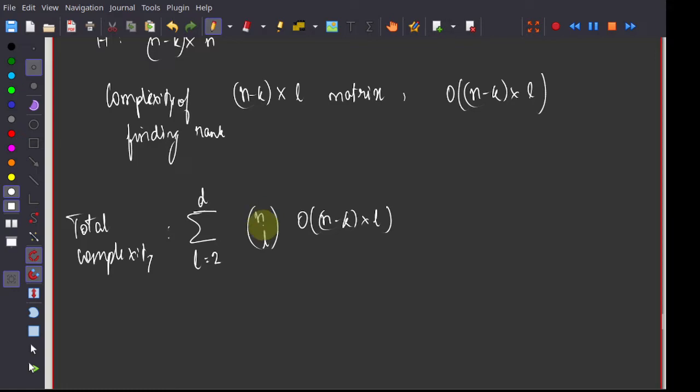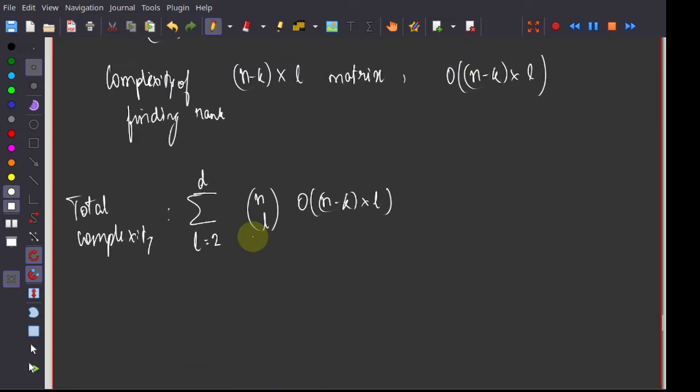Right, because n choose L is going to be exponential in n. But if d is something very, very small, then it's much easier to compute. Okay, so now we've greatly simplified the complexity of finding the minimum distance of a code. This is one simple way of, I mean, simple in the sense simple to describe, but it can be fairly complex depending on what the minimum distance is.